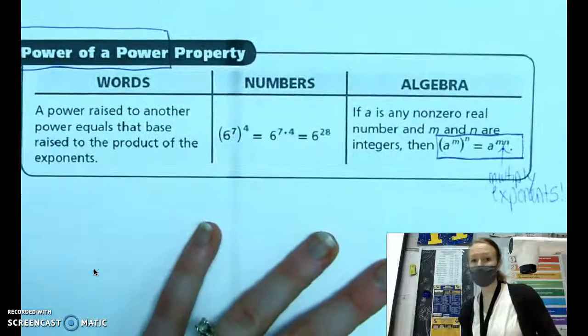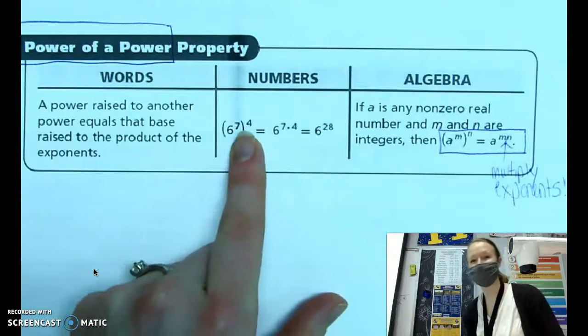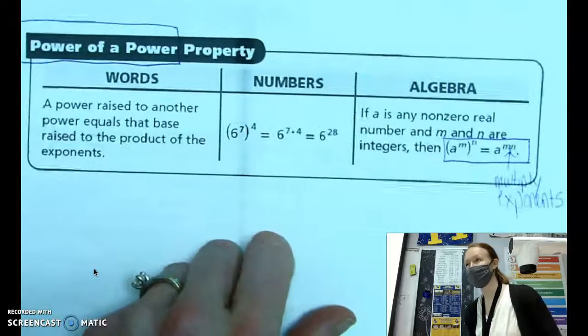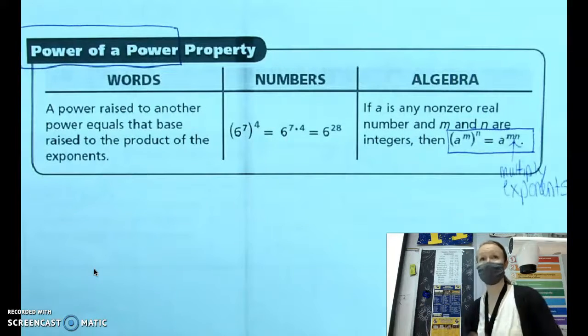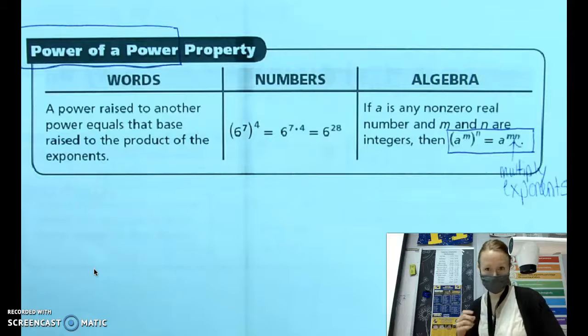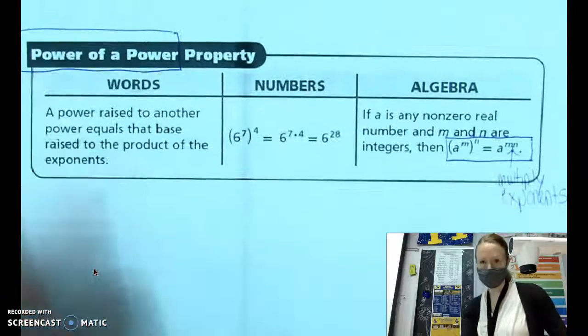And if you want, you can always expand these, but sometimes, like you see in this example, when you expand your 6 to the 7th to the 4th power, that would take you a very long time to count how many 6s you have, right? So that's why we have these algebraic rules to do some shortcuts and stuff. Okay. So like I said, all you need to do is write what I wrote in the boxes.